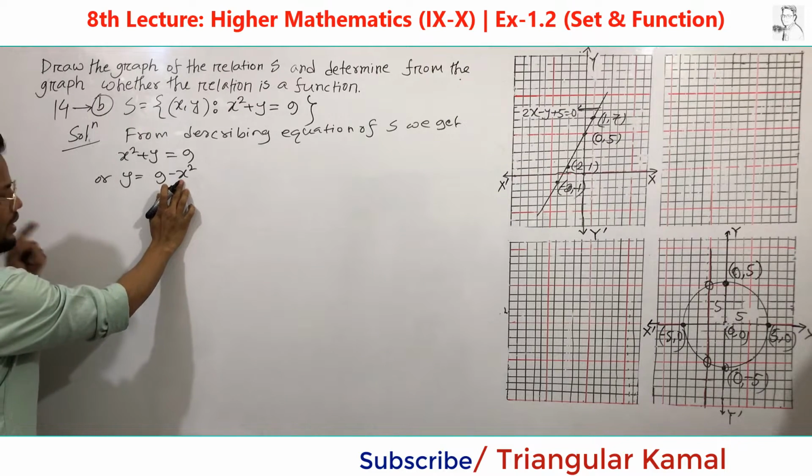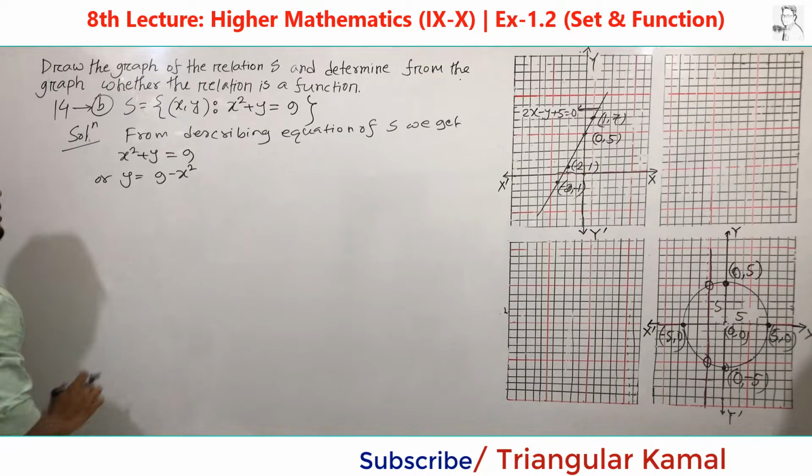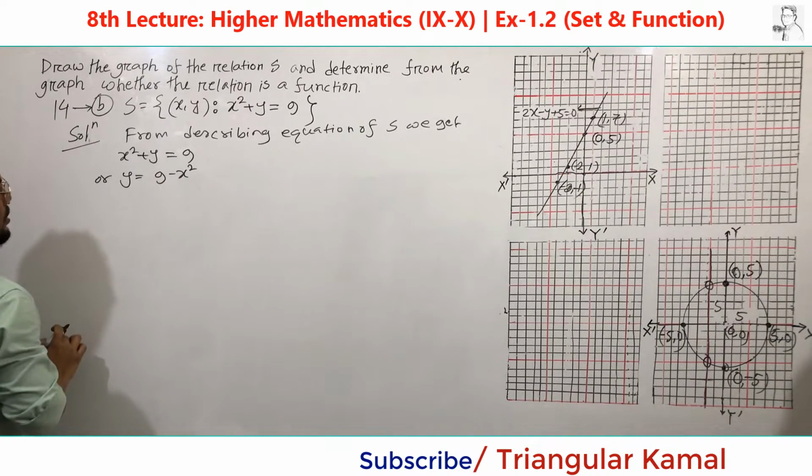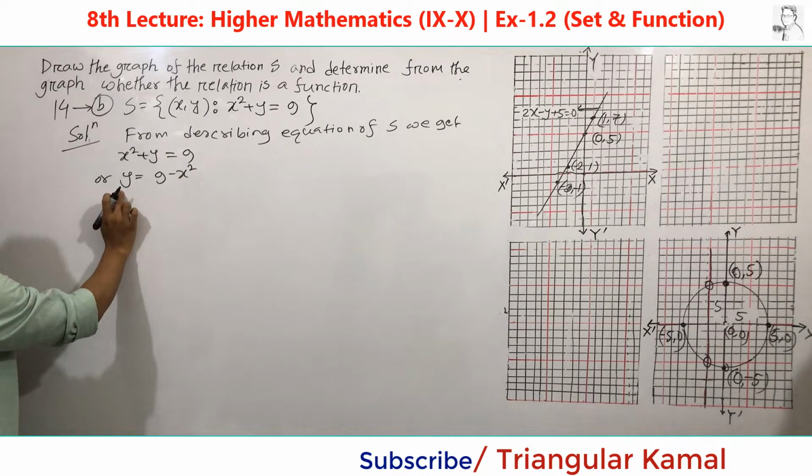Here, considering x is the independent variable and y is dependent. Y is dependent on x. So for different values of x we will find the value of y.